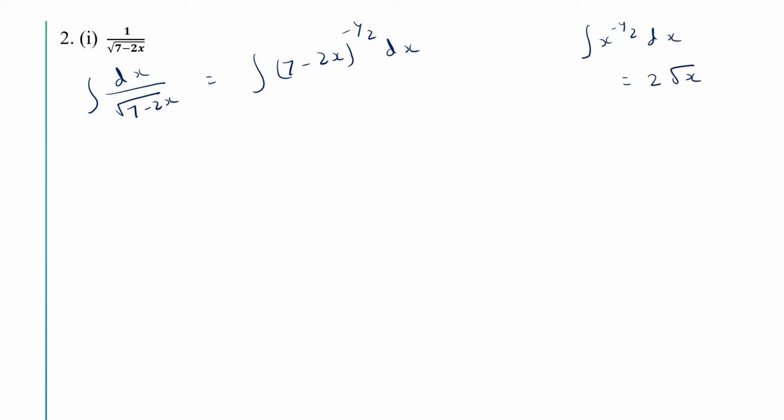So here this is 2 root 7 minus 2x into 1 by minus 2. Here the coefficient of x is minus 2, so we have to divide by minus 2, plus c. So this 2 will go, and this is equal to minus root of 7 minus 2x plus c.